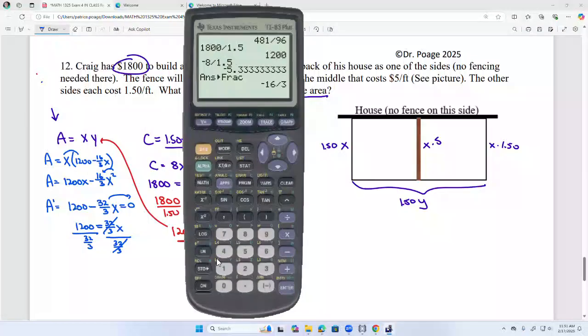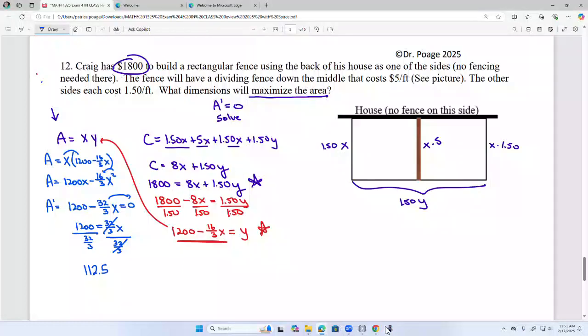I have 1,200 divided by, again, I need my parentheses so that it does not do order of operations for me, 32 over 3, which is 112.5. So far I have found the x value, the shorter side right here, is 112.5 feet.